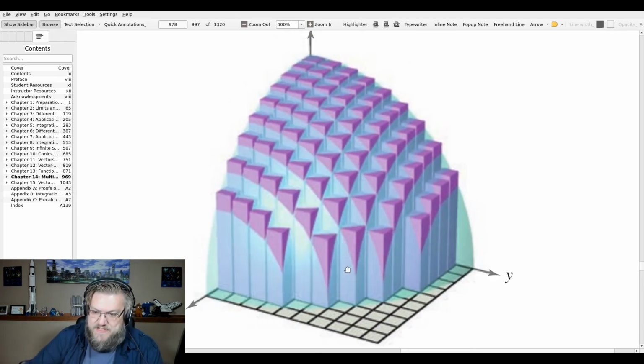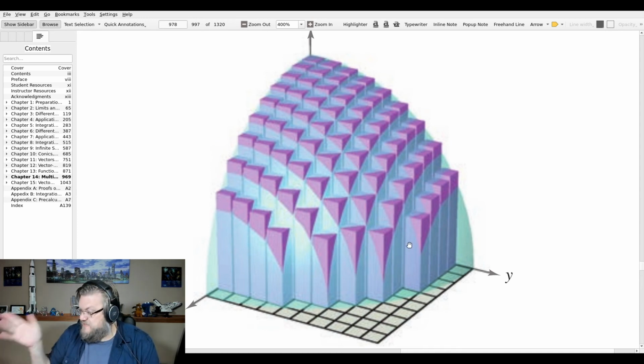Then I'll have a statement that says the sum of the volumes of these boxes is approximately the volume under the surface. Close. Just like we said over here that the sum of the areas of the rectangles is close to the literal area under the curve. Okay?